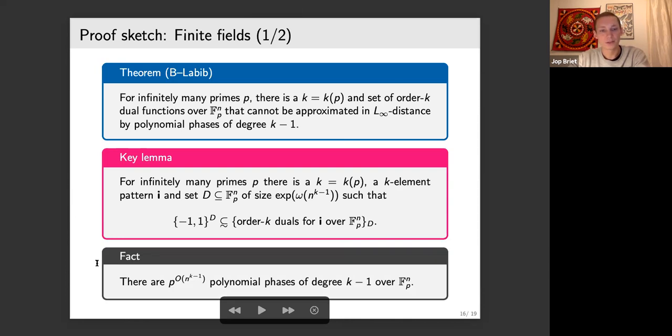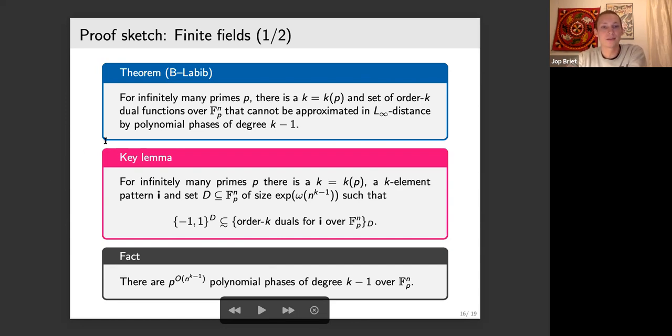And you can combine this with a somewhat easy fact that the number of polynomial phases of degree k minus 1 is asymptotically smaller than the size of this hypercube. I'm not going to go through this again, but the idea is similar here. Instead of having an efficient delta net, we don't even need that here. There are just too few polynomial phases to approximate every point in this hypercube.